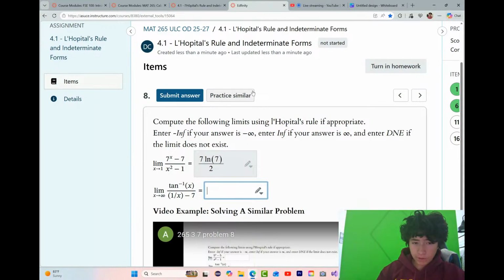Let's see. Tangent inverse of infinity. We just want to see if we get an indeterminate quotient or not.